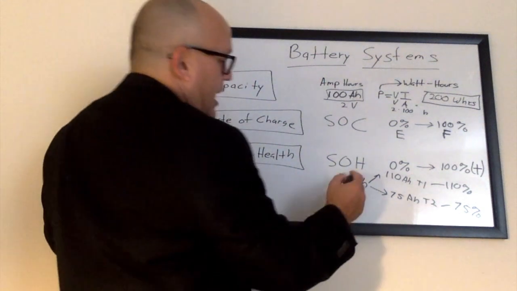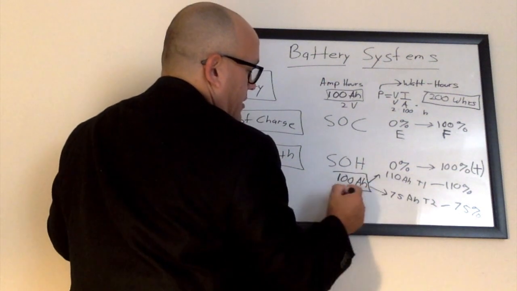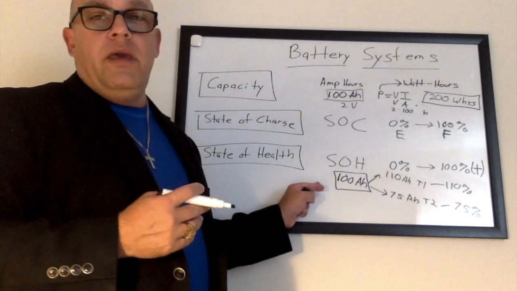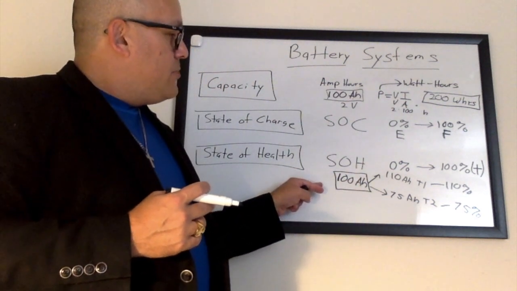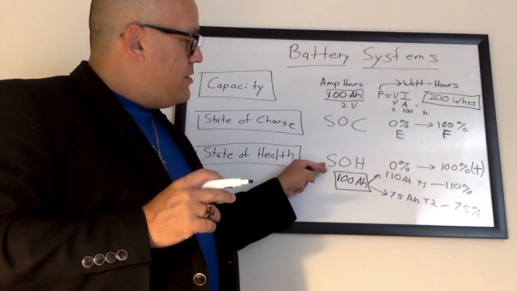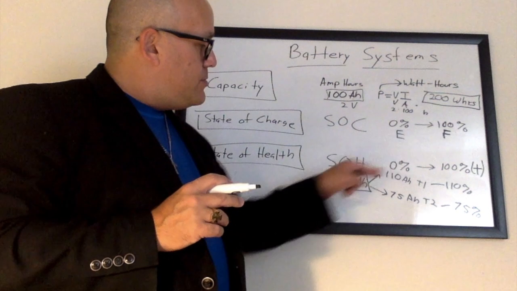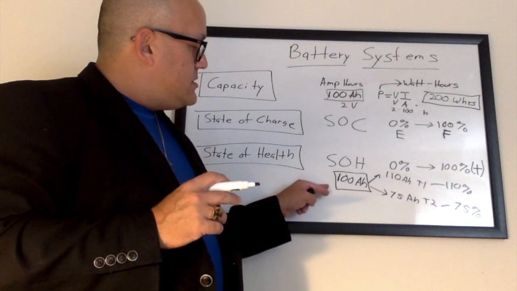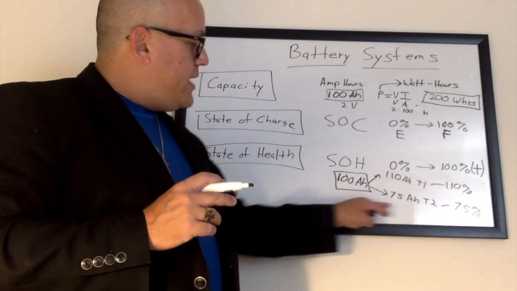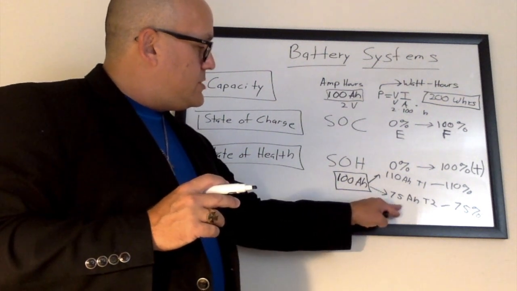So this is the nominal size of the gas tank, as the manufacturer says it should be rated, okay? And if its actual measurement is above, then the state of health is above 100%. And if the actual capacity measurement is below the rated capacity, then it's obviously below 100%.